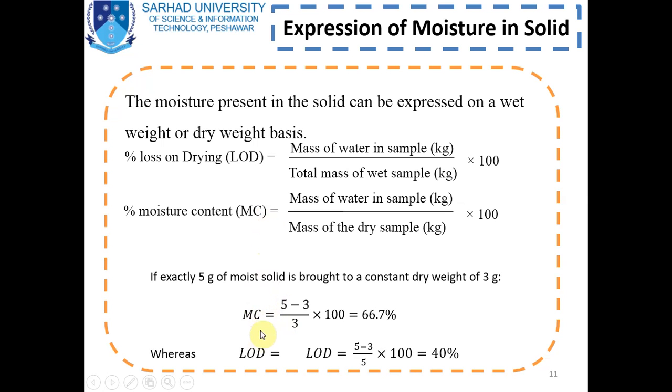If we are going to calculate the percent moisture content, that is percent MC, we will put the mass of water in sample, that is 5 minus 3.